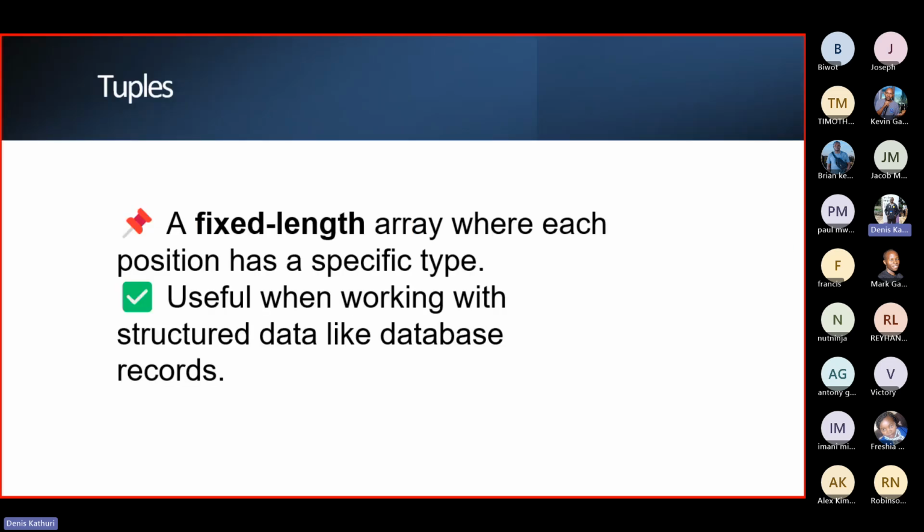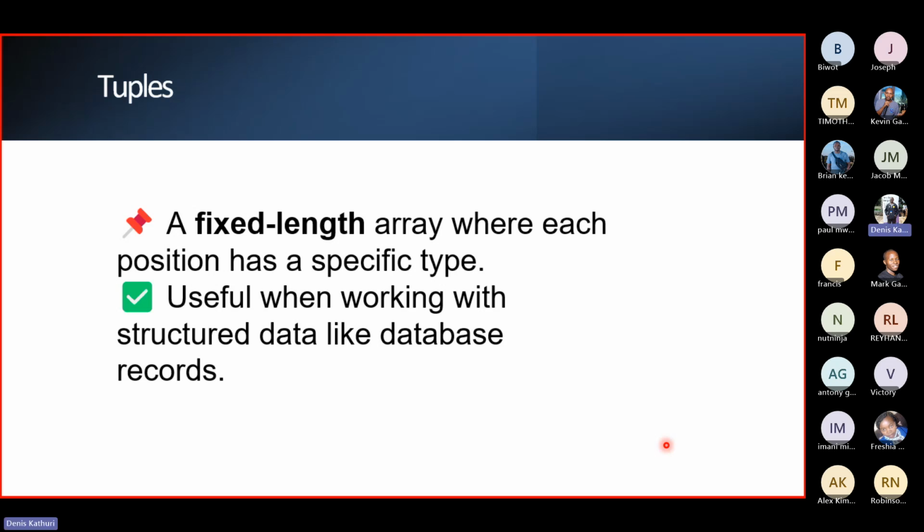So let's continue. A tuple is an ordered, fixed length array where each position has a specific type. Unlike regular arrays, tuples do not allow inserting extra elements beyond the defined structure. That's the key difference between an array and a tuple.